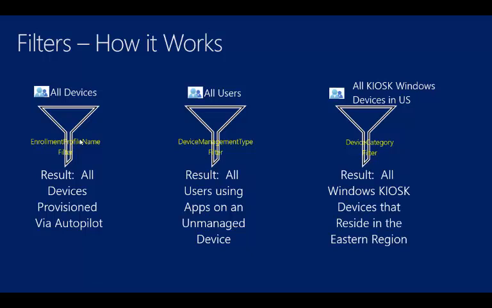So if you define a filter, which you'll see how to do in a minute, and use the property enrollment profile name, then the end result, typically, if you're using that as an include filter, the end result will be out of the all devices list, only the ones that have a particular enrollment profile will get the configurations that are being targeted.